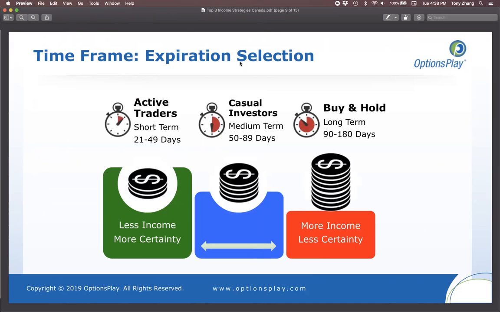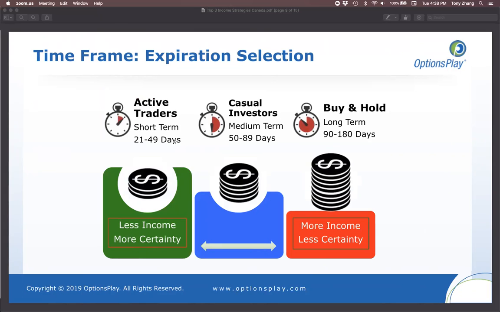Generally speaking, when it comes to selecting expiration dates, the shorter the time frame, the less income you get, but a lot more certainty as to what's going to happen between now and expiration. When you're utilizing longer dated options, you get more income, but a lot less certainty.